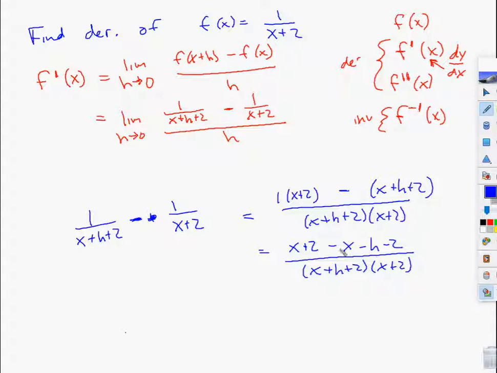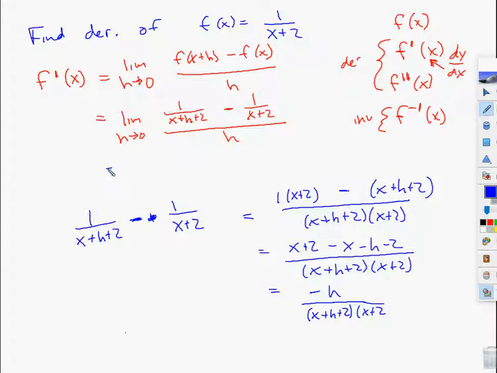The x's cancel, the 2's cancel, and that leaves me with a negative h. So I have negative h up here, all over x plus h plus 2 times x plus 2. Okay, so this is what this up here becomes.